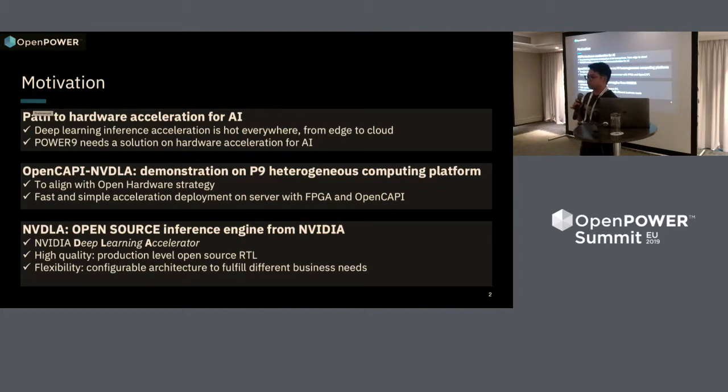From previous speakers, I saw that people are trying to accelerate AI, deep learning and machine learning algorithms in databases, and to accelerate machine learning algorithms with different precision of data. We also see that there are so many companies, including big companies and startups, all working on accelerating artificial intelligence workloads all over the world.